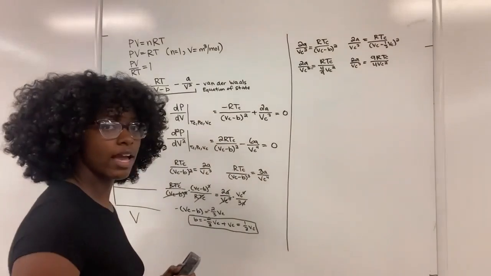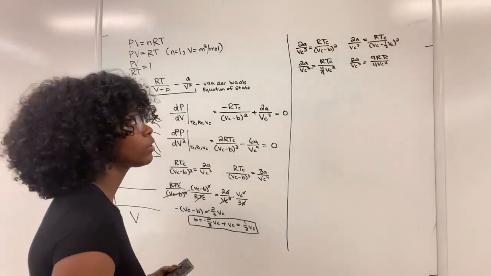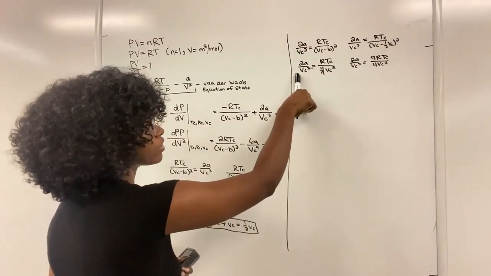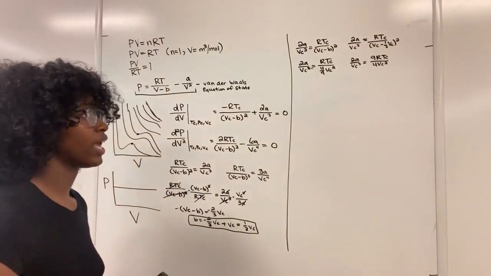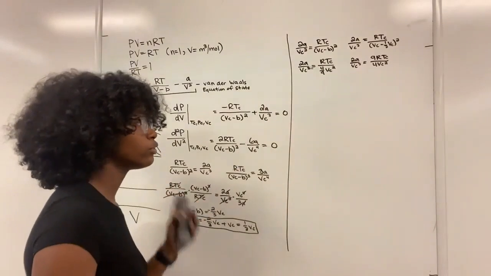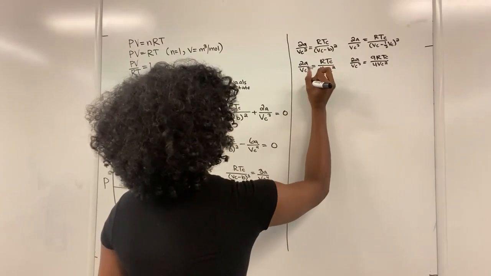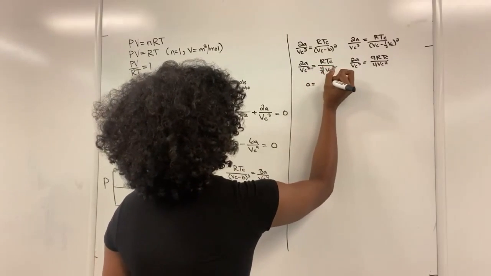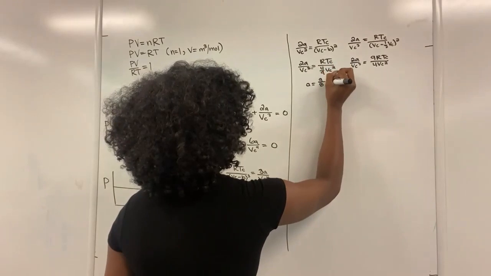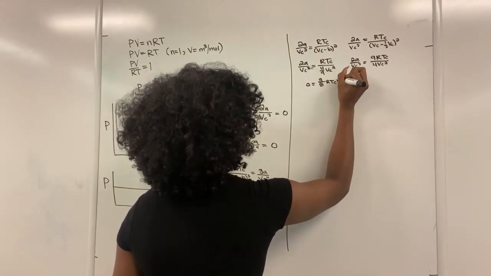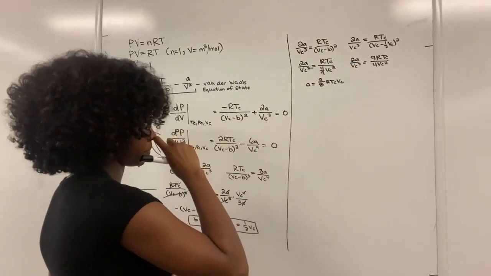So from here, all we really have to do is isolate our A term, which simply means multiplying both sides by the critical volume cubed and dividing both sides by 2, so that A is equal to 9/8 R times the critical temperature times the critical volume.